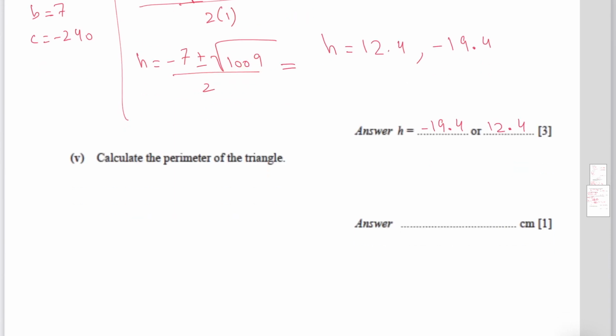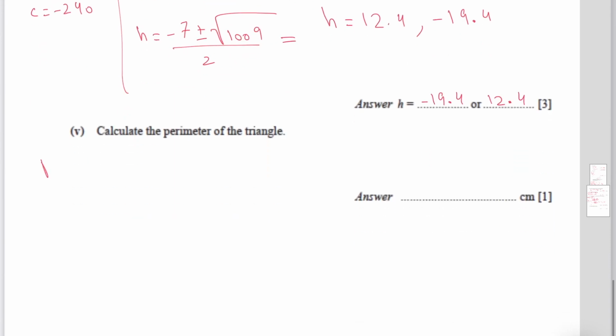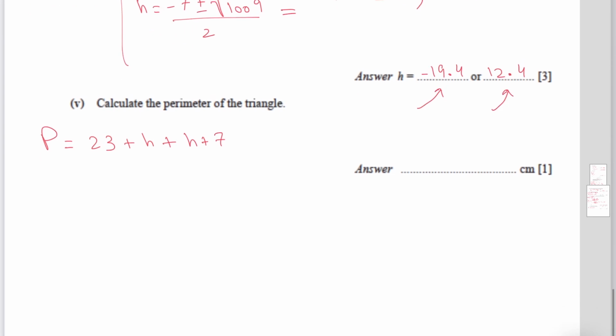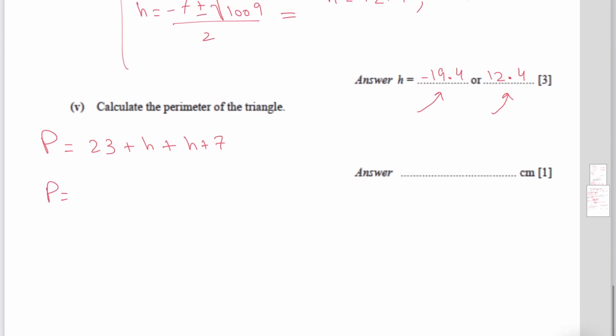The last part says calculate the perimeter of the triangle. So the perimeter was the sum of all sides. One of the sides was 23, one of the sides was h, and the third side was h plus 7. So we have the two values of h over here, negative 19.4 and 12.4. Of course, you won't use the negative value because the length can't be negative. So you write the perimeter is equal to 23 plus 12.4 plus 12.4 plus 7.